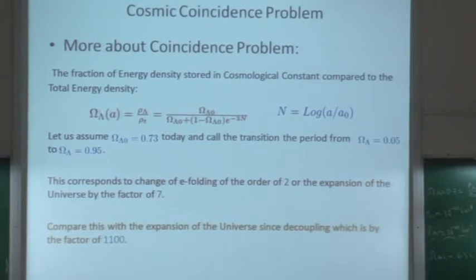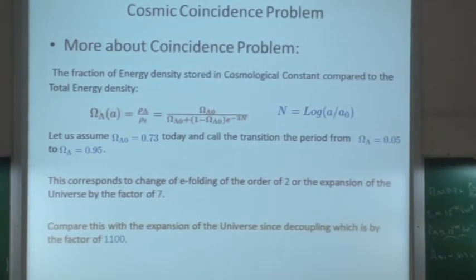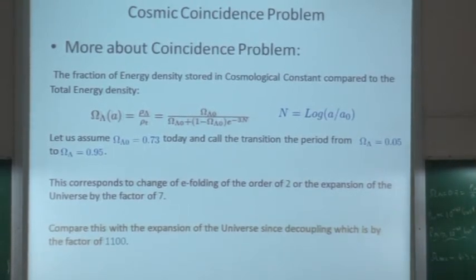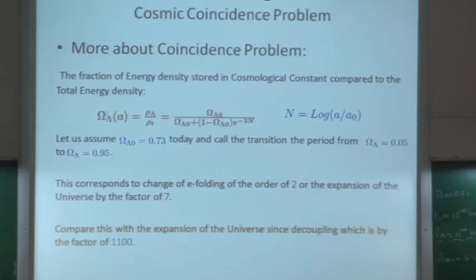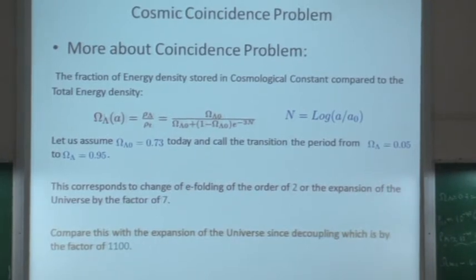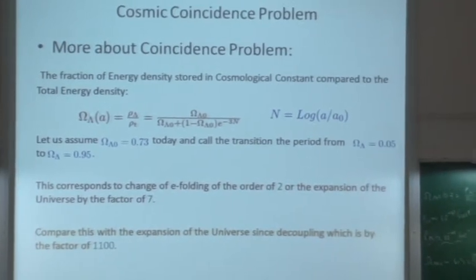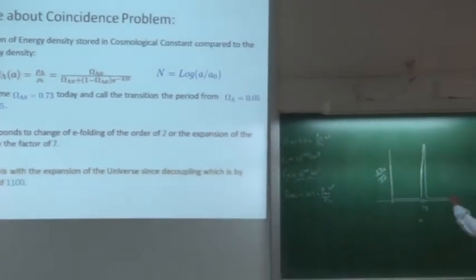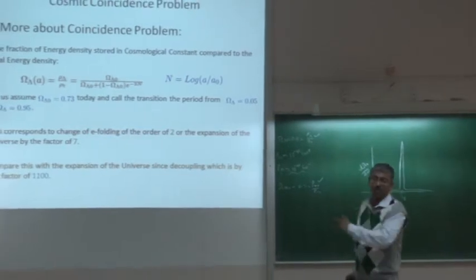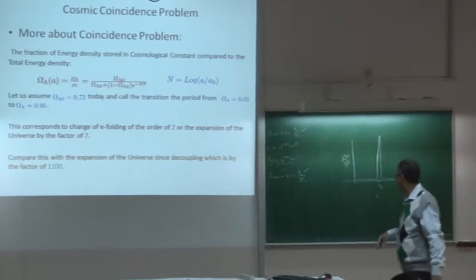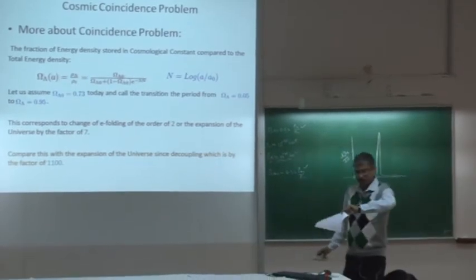As I said, the fine-tuning problem is there for all dark energy models, but this cosmic coincidence problem is a problem just for the cosmological constant, because that can happen only if rho lambda is a constant. If rho lambda is not a constant, then you can have a different kind of behavior. So that is the main motivation for people to look for something different from a cosmological constant, to address this cosmic coincidence issue.